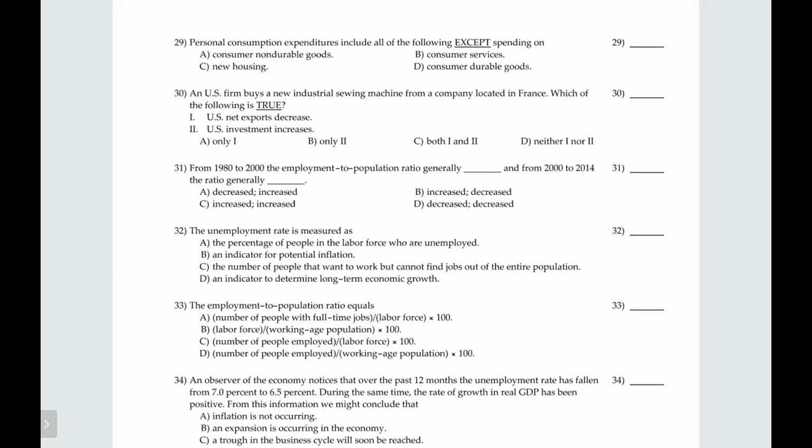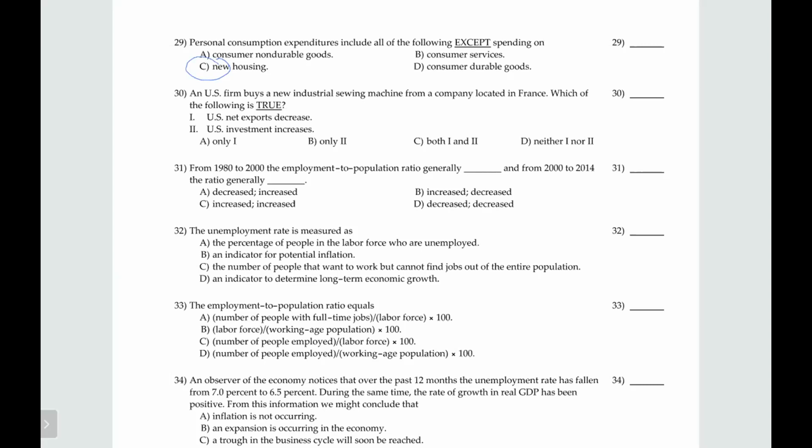What is durable goods? Let's say, for example, the washing machine your parents purchased, or your car you purchased. So the answer for 29 is C. New housing is not included as consumer expenditure.